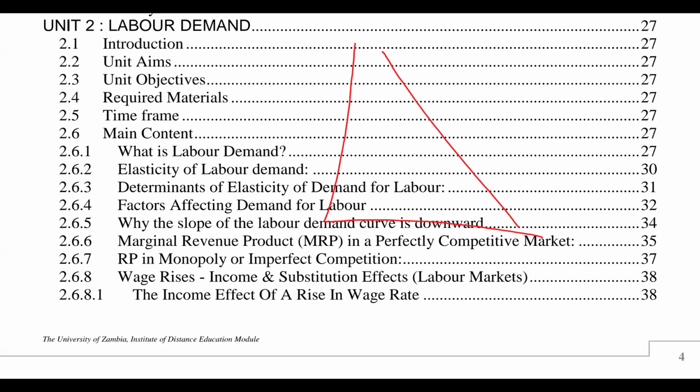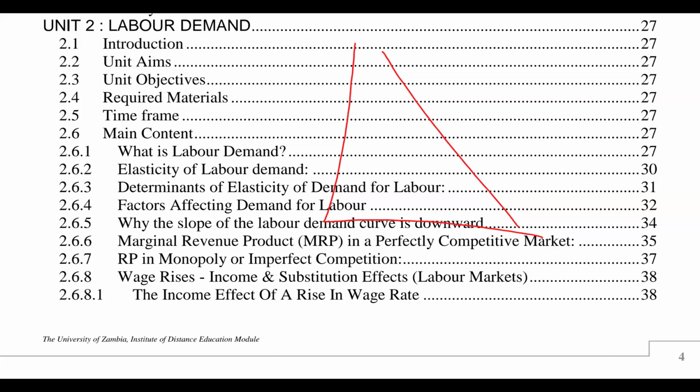The other key thing that we will look at in the second unit, we'll ask ourselves, how do you decide how many people to employ at each specific time? What should be the guiding criteria for you to choose whether to employ people at that time or not?